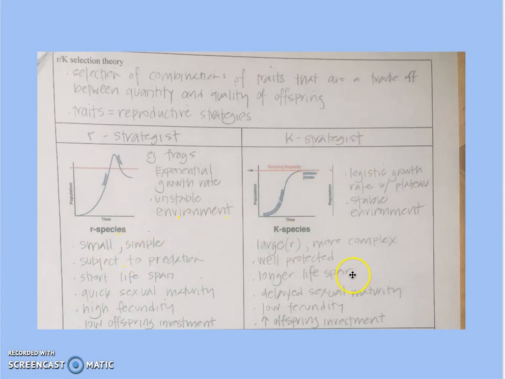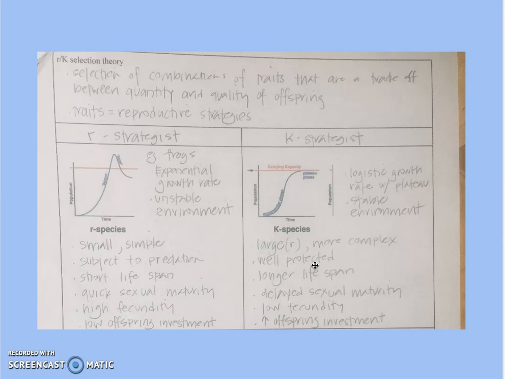Over here in K strategists, like I said, these are larger or more complex organisms. They're very well protected, which means they have big giant teeth, or they're really fast, or they have strong armor, like a tortoise has a shell, or an alligator has a thick outer skin, or scales, I don't know what they're called.